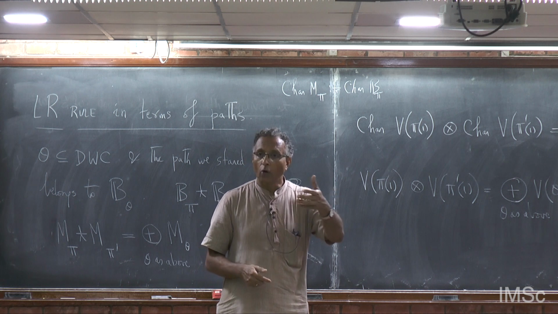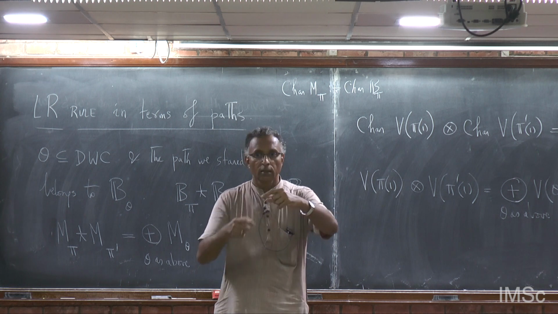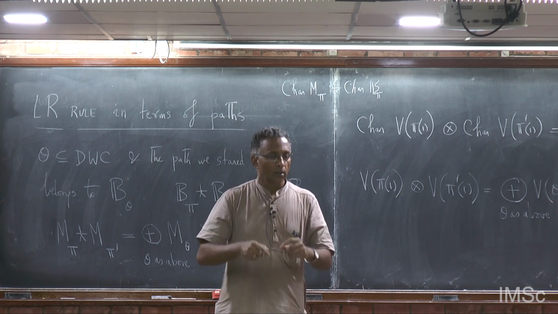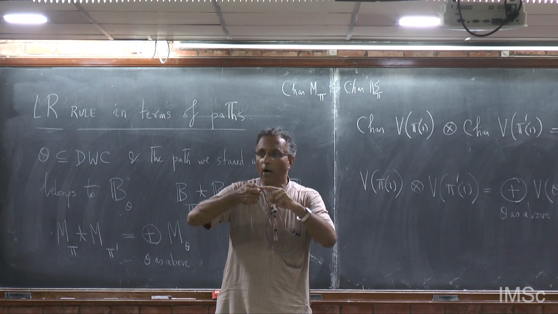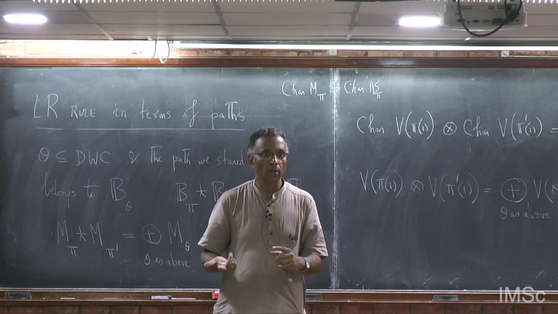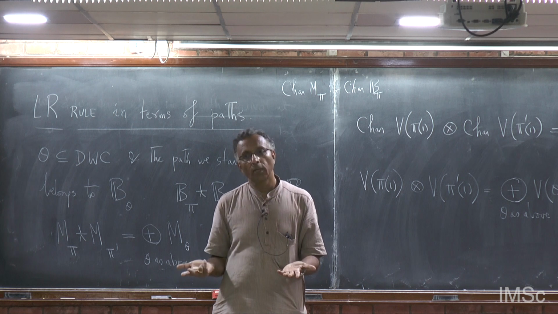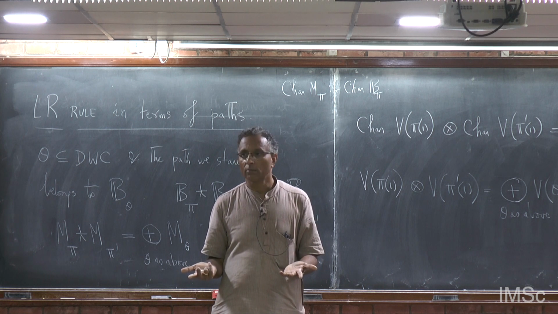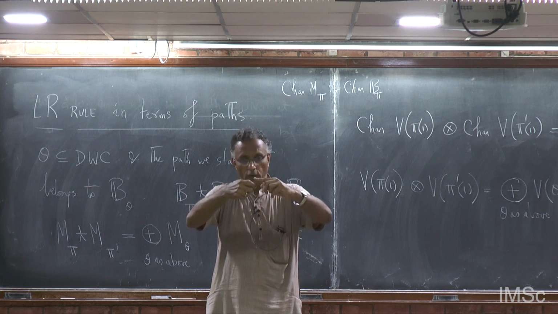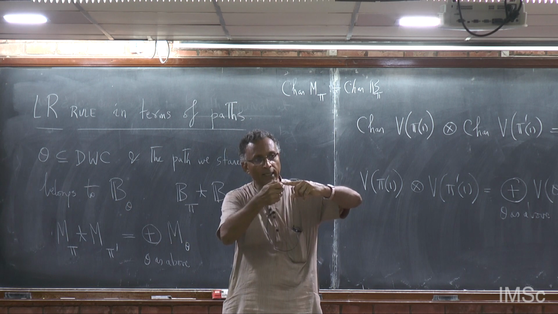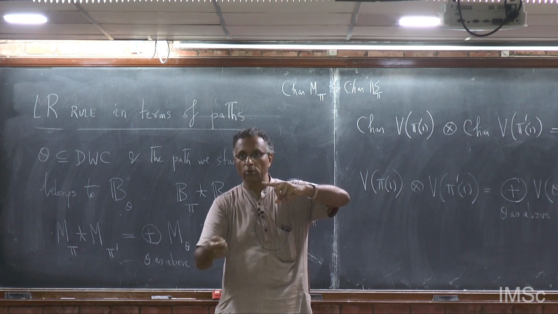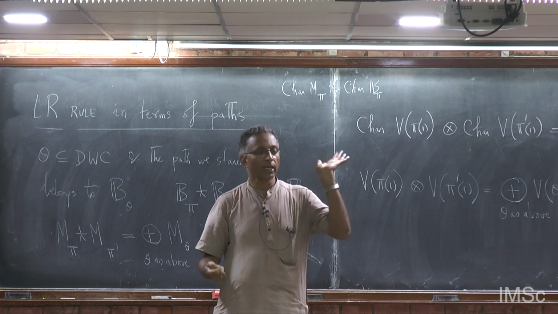Now, how does E alpha act? Look at the first path. If the first path comes out of the dominant Weyl chamber, then I can apply E alpha on the entire concatenation. If for some h alpha it starts going down, that means I can apply E alpha to it.